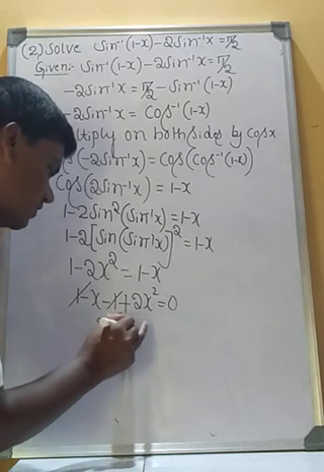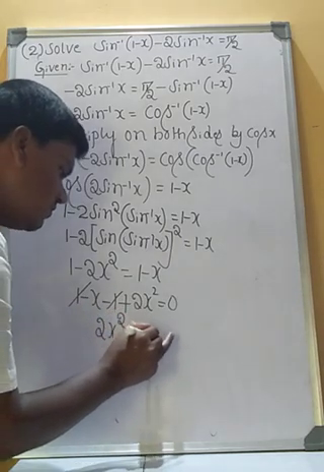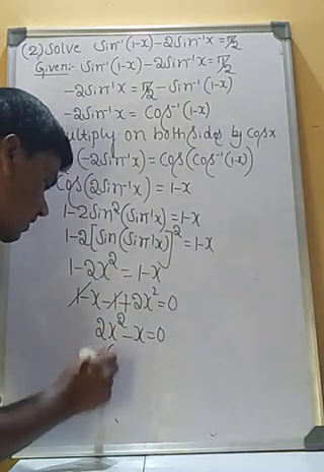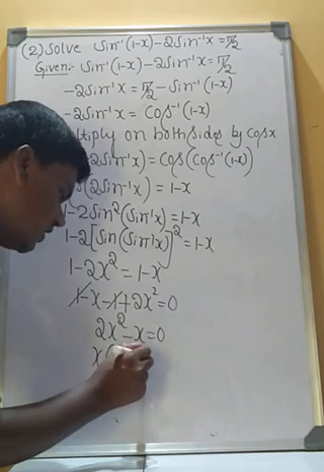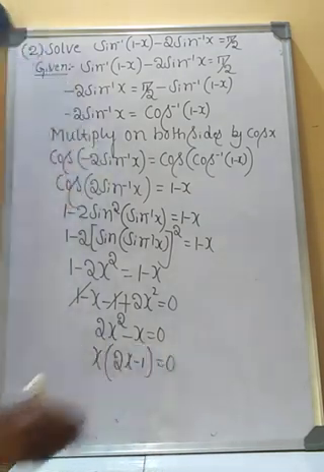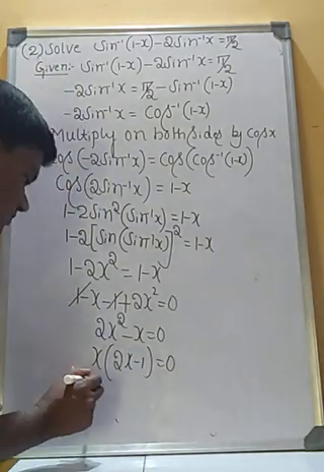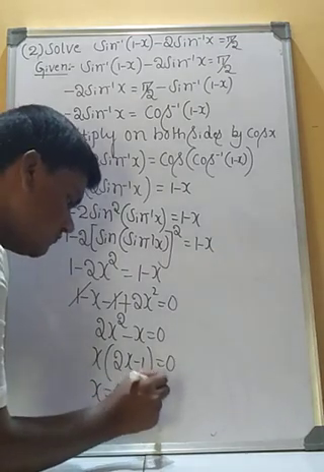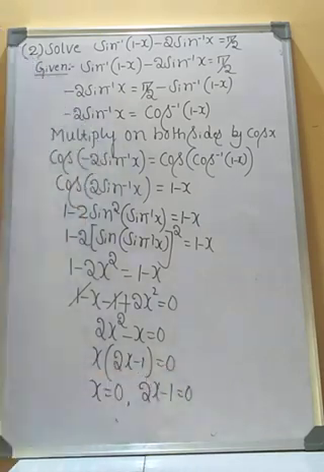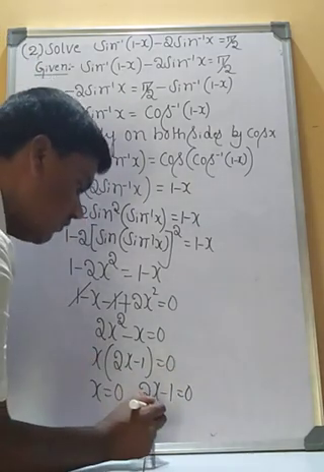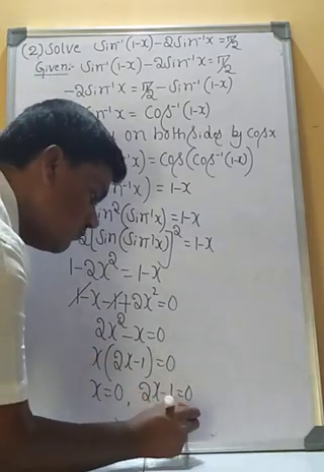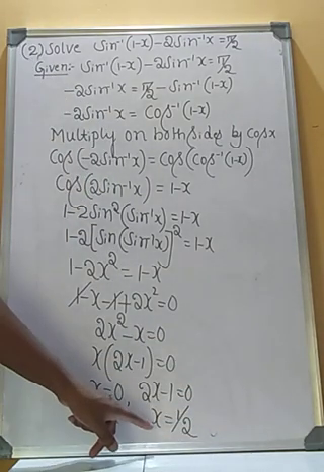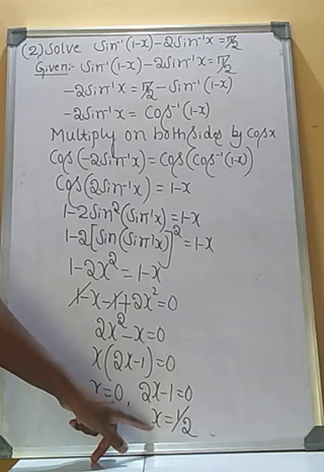Therefore 2x square minus x is equal to 0. x is common: x into (2x minus 1) equals 0. So x equals 0, or 2x minus 1 equals 0, therefore x is equal to 1 by 2.